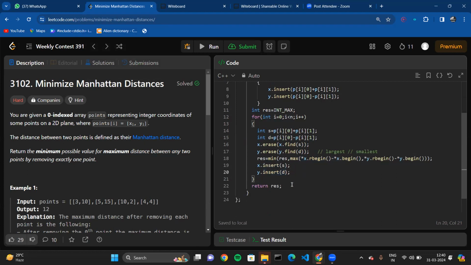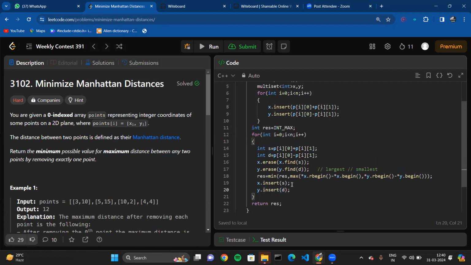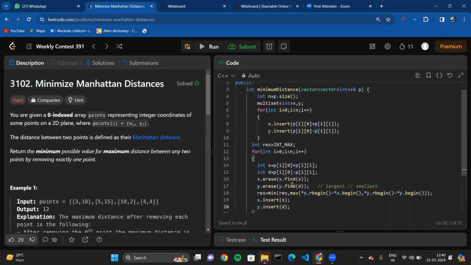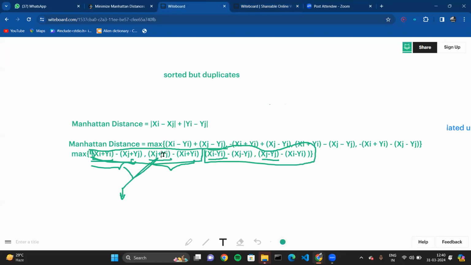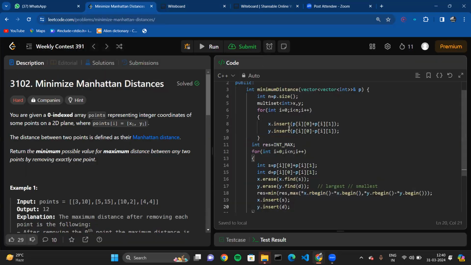So yeah, guys, this was how we can solve this problem. Let me very quickly brief again. We first inserted elements in this way: xi plus yi pairs and xi minus yi pairs, because we know that that can only be the answer.